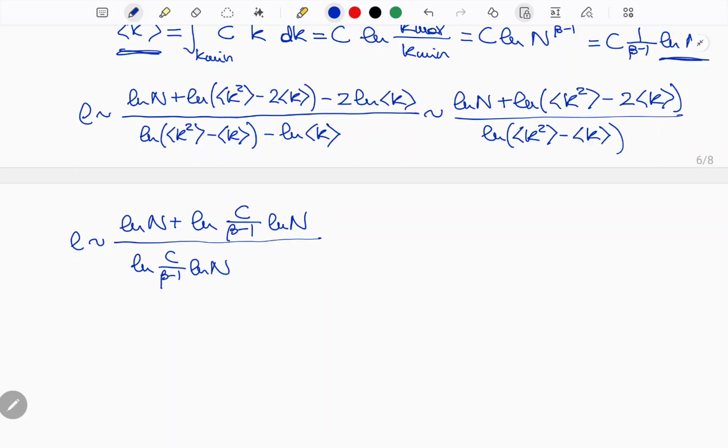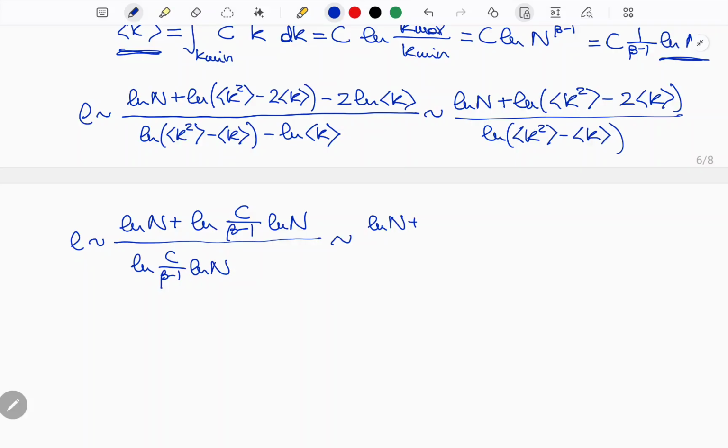Remember that in this case, what I did was to neglect these two terms and also to substitute the value of the average of k squared. That's what I just did. And now, since I have the logarithm of this multiplication, I can write this as the addition of the logarithms, but this is going to be a very small number. So again, guess what? Yes, I'm going to neglect.